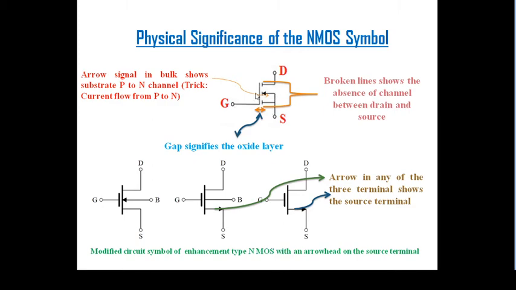For the PMOS, the substrate is n, so the arrow direction is away. We will discuss it later. I will give you many videos on this MOSFET basics. So this is the fundamental symbol representation of an nMOS.